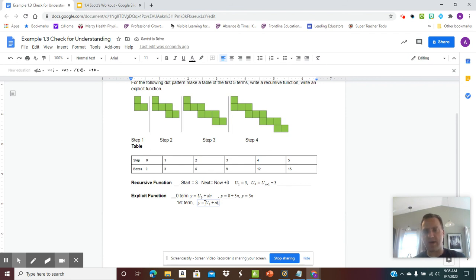And now what I do here is I don't just do n, I need to move it back 1. So I put in n minus 1. If I fill in my numbers there, it's going to be y is equal to, my u sub 1 term is 3, and then plus 3 times n minus 1. And we could use the distributive property and show that these two equations are equal.